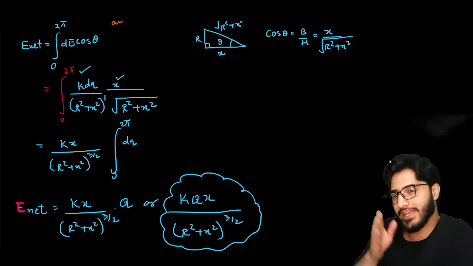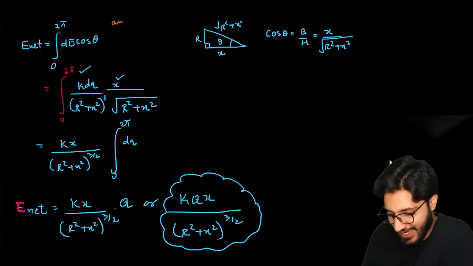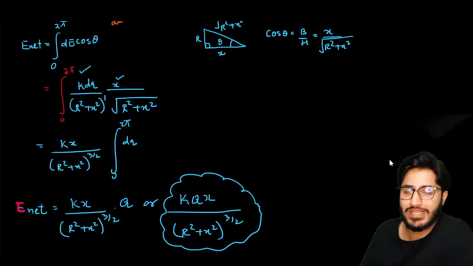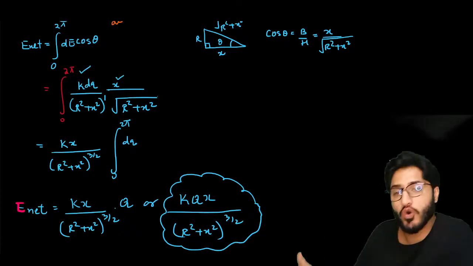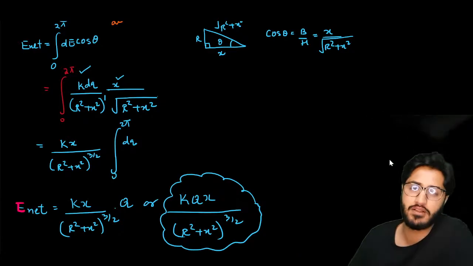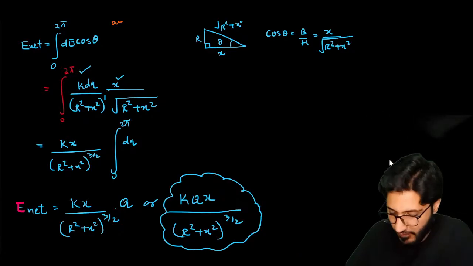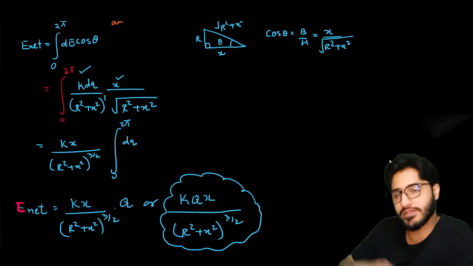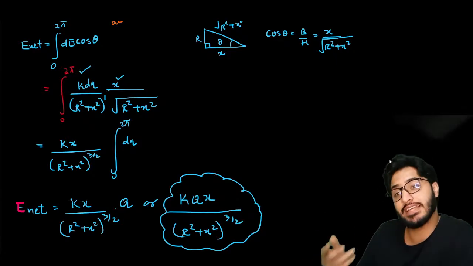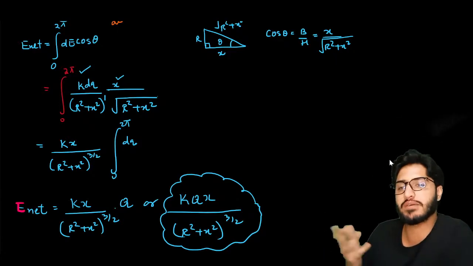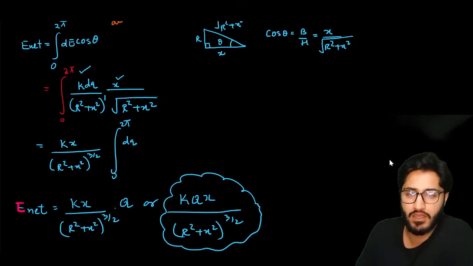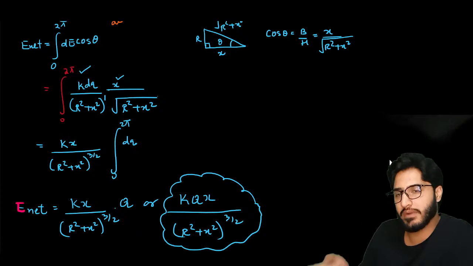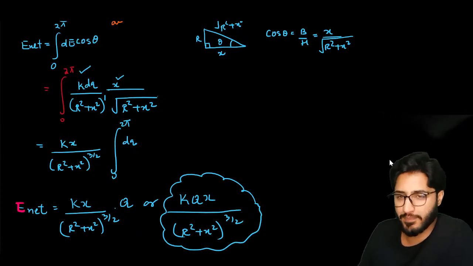My goal is to complete the whole 12th syllabus of your board, NEET, and JEE before September. I want to complete your whole syllabus before September. Then I will start the 11th. You know that your examination would be in February, March, right? So I will end my 12th before September.